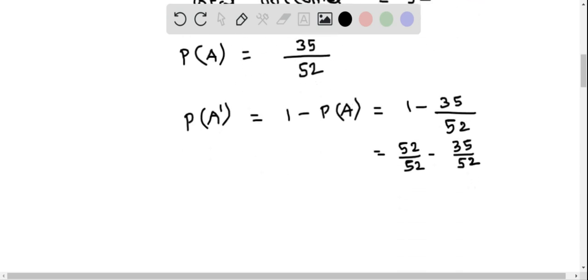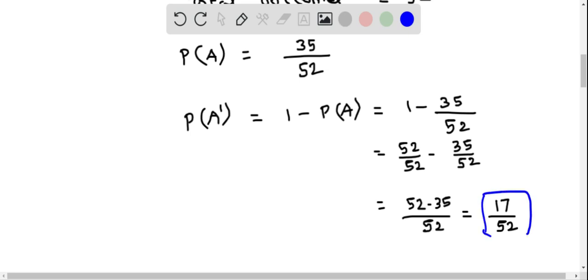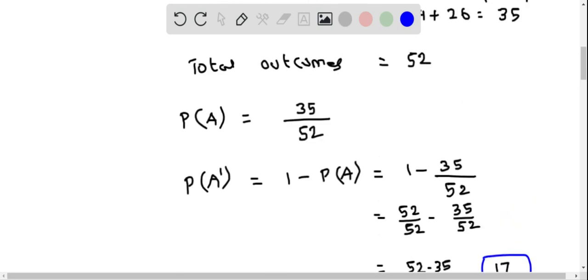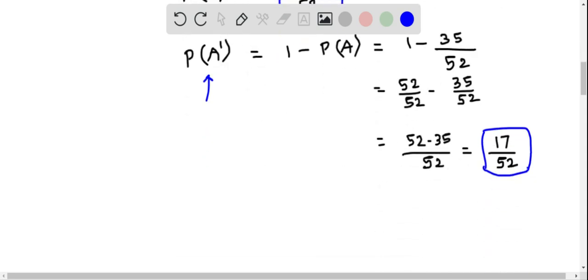So it is 52 minus 35 over 52, and 52 minus 35 is 17. So it is 17 over 52. So we found both P of A as well as P of A bar, which is also called P of A prime, P of not A, or complement of A. So we can find the odds in favor using these two values.